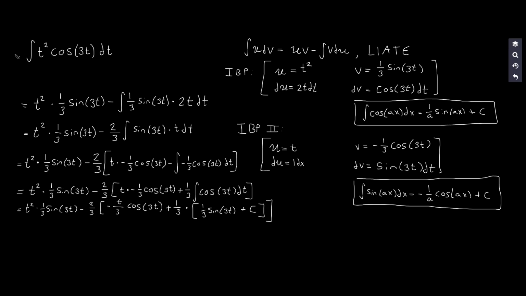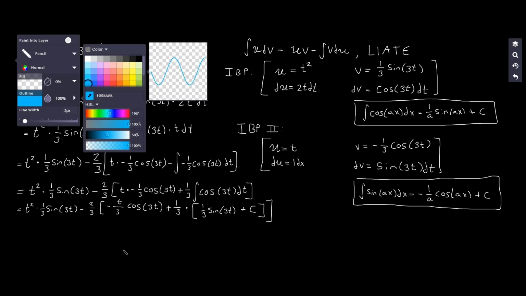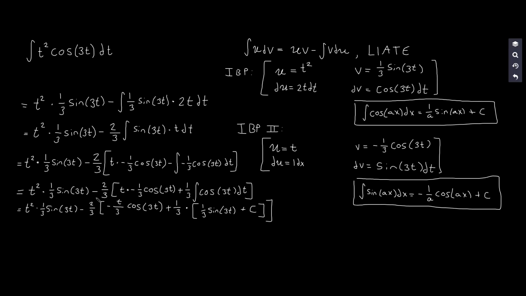That makes this next part a little bit more straightforward because I'm going to distribute this negative 2/3 to negative t over 3 times cosine of 3t, and I'm also going to distribute it to this 1/3 here. Oh yeah, okay, so I'm going to combine these two.